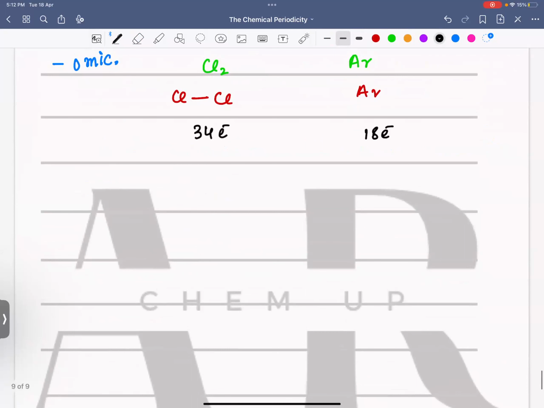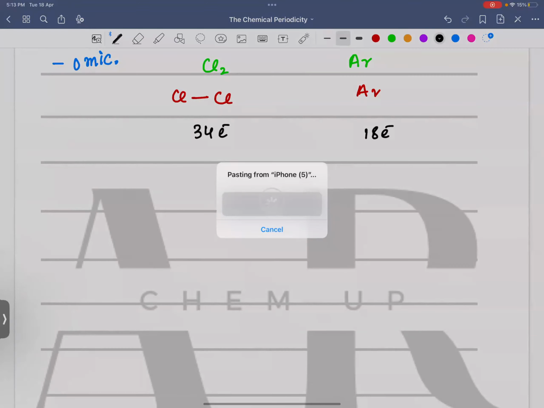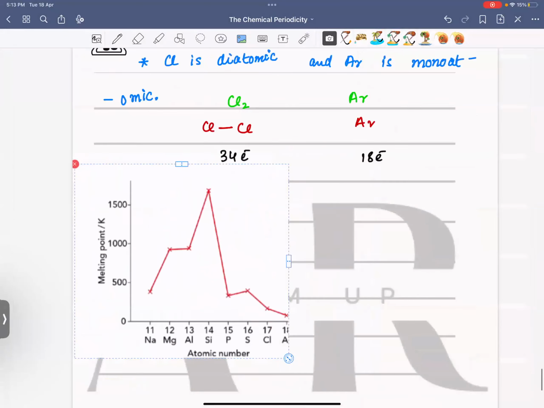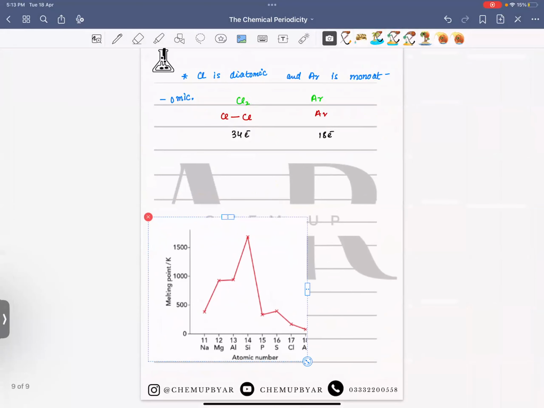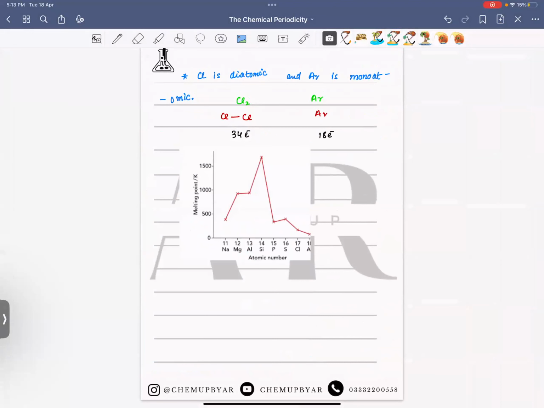So if we look into the graph that the examiner asked, okay, just give me a minute, please. Just a minute, it's not the correct one.